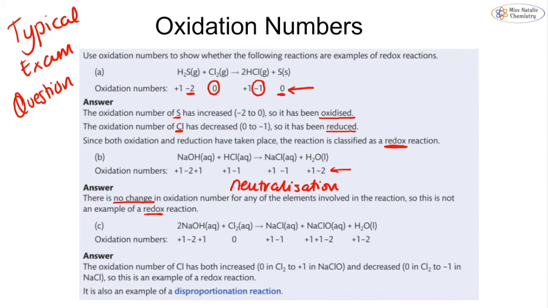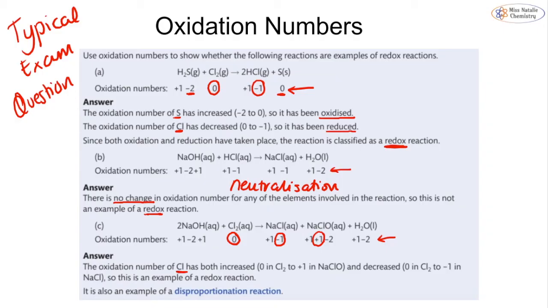For example C, we've got NaOH reacting with chlorine to give us NaCl plus NaClO and water. Again, we check all the oxidation numbers for each element, and we can see that one chlorine atom has gone from 0 to minus 1, but the other atom of chlorine has gone from 0 to plus 1.